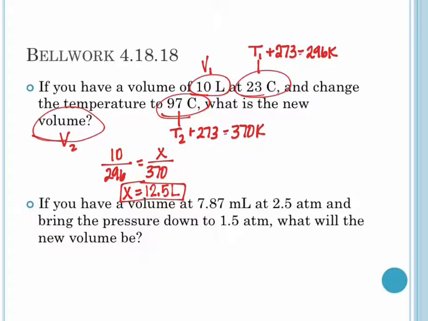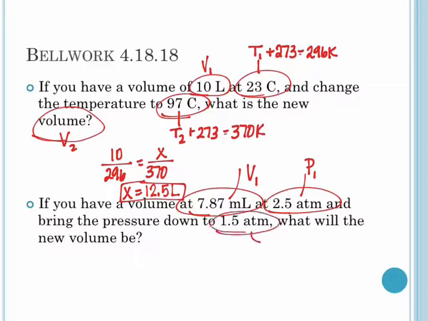Okay, that's why showing your work is very important, so I can see what you did right and what you did wrong. All right, have a volume at 7.87 milliliters. So, volume 1. What's ATM? ATM is a pressure. So, that is pressure 1. Bring the pressure down to 1.5. What's the new volume?